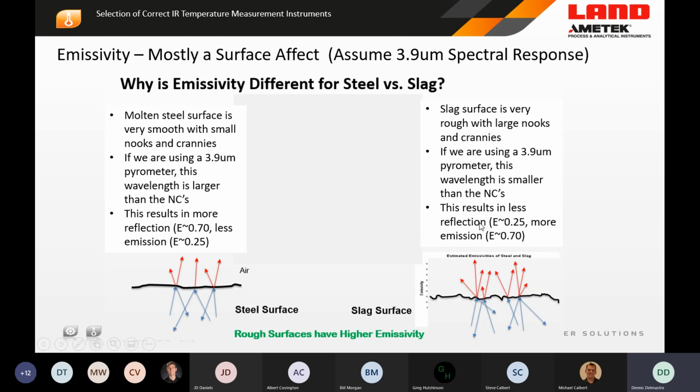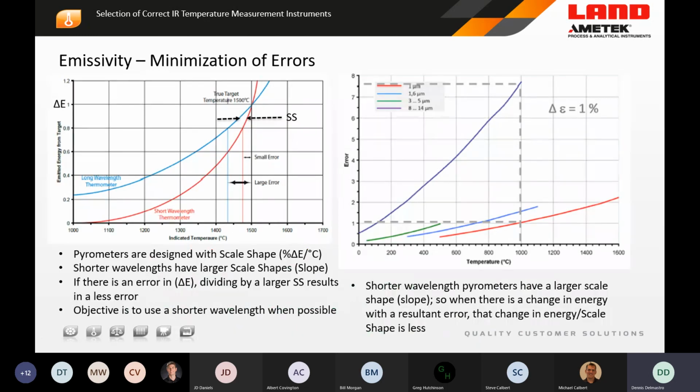So we have less reflection and more emission, or emissivity is higher. So that's kind of what I mean by a surface effect. If it's very rough, it will tend to have high emissivity, low reflectivity. If it's very smooth like a mirror, you'll have very high reflection and low emissivity.